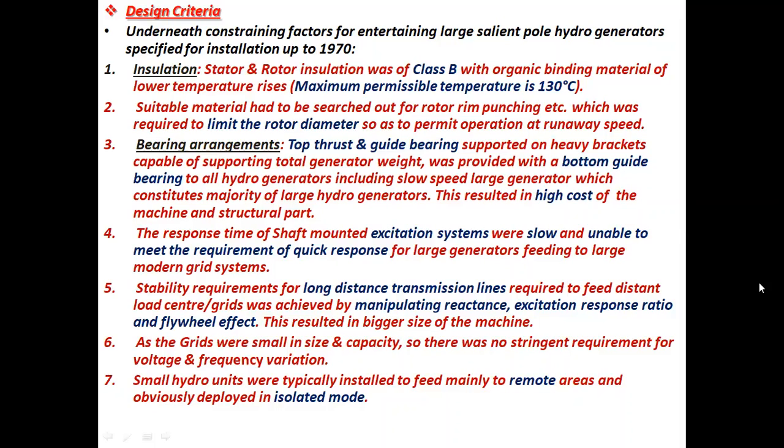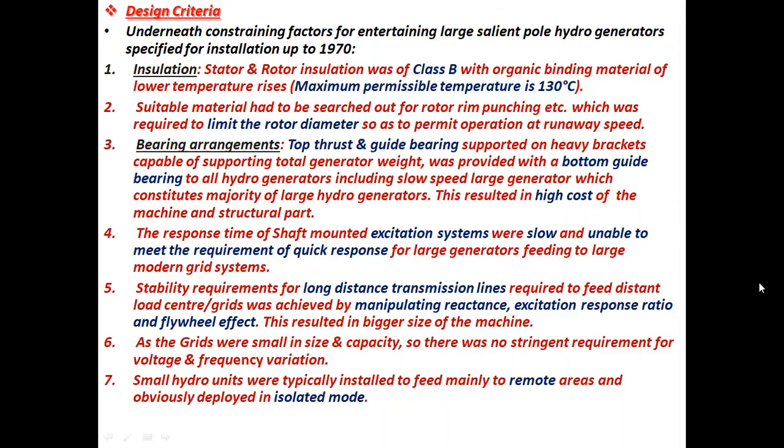Number 4, the response time of shaft mounted excitation systems were slow and unable to meet the requirement of quick response for large generators feeding to large modern grid systems.